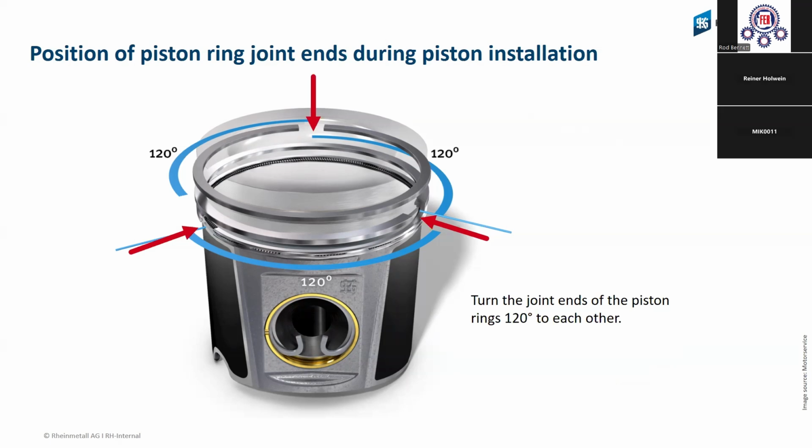After the engine is running, the ring is moving, and you don't know in which position the open point of the end of the piston rings is. They can be in different places, but in the first step, to start the engine easily, place the ring joint ends at different places.